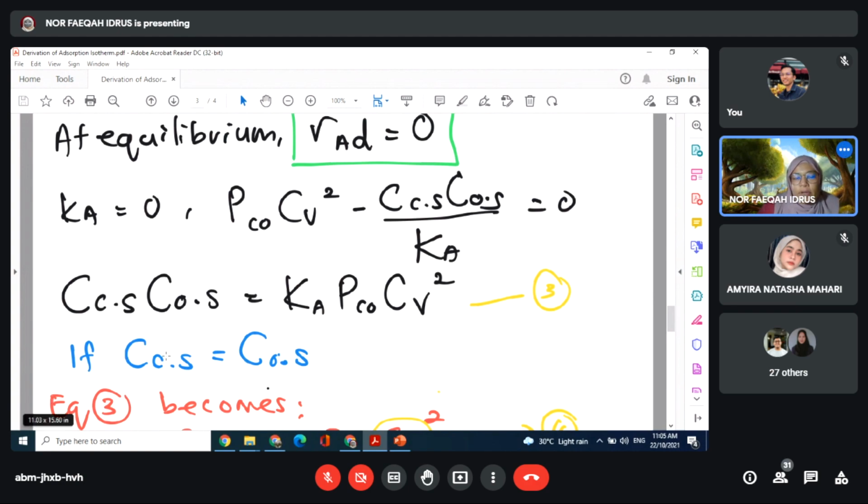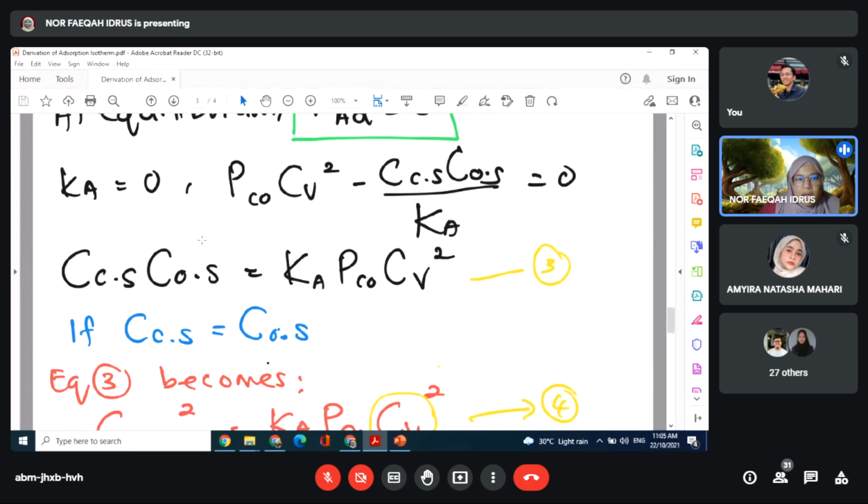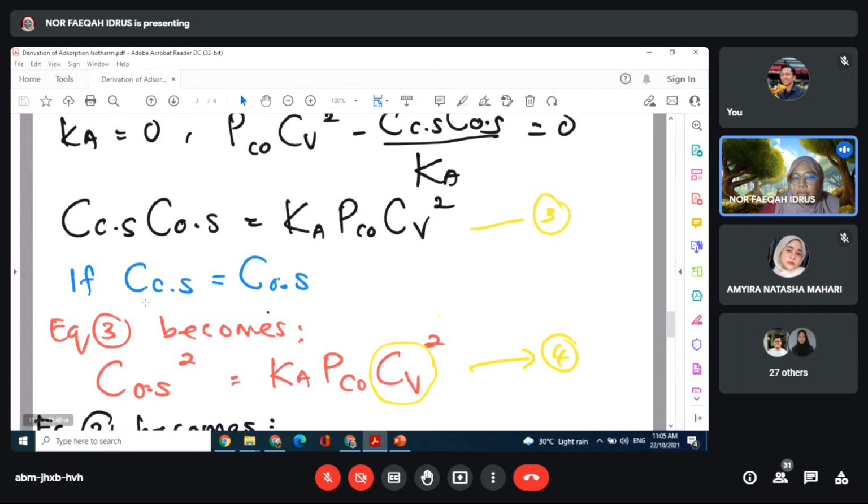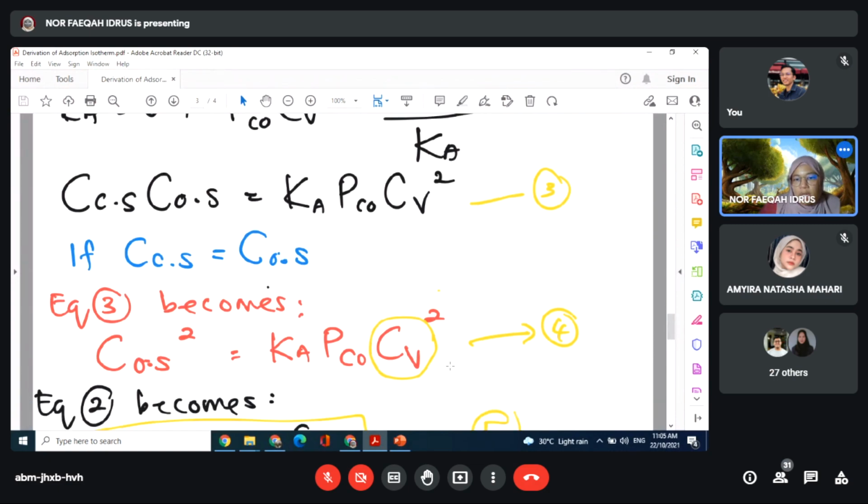So if the concentrations of C.S and O.S are equal, this equation becomes CO.S square, because the concentration of both adsorbed species is equal. So CO.S square equal to Ka PCO CV square.